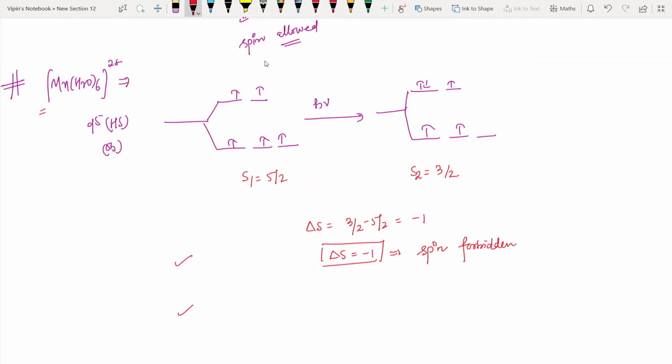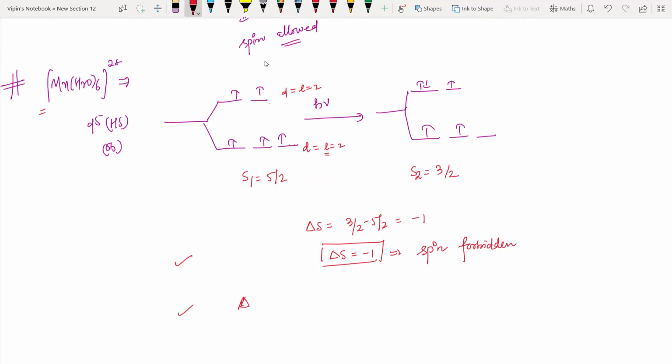Now, if we look at the possibility of allowedness of the Laporte selection rule, the lower level is a d orbital having L value equal to 2. Similarly, the higher level is also a d orbital having L value equal to 2. Electronic transition occurs between these two energy levels.